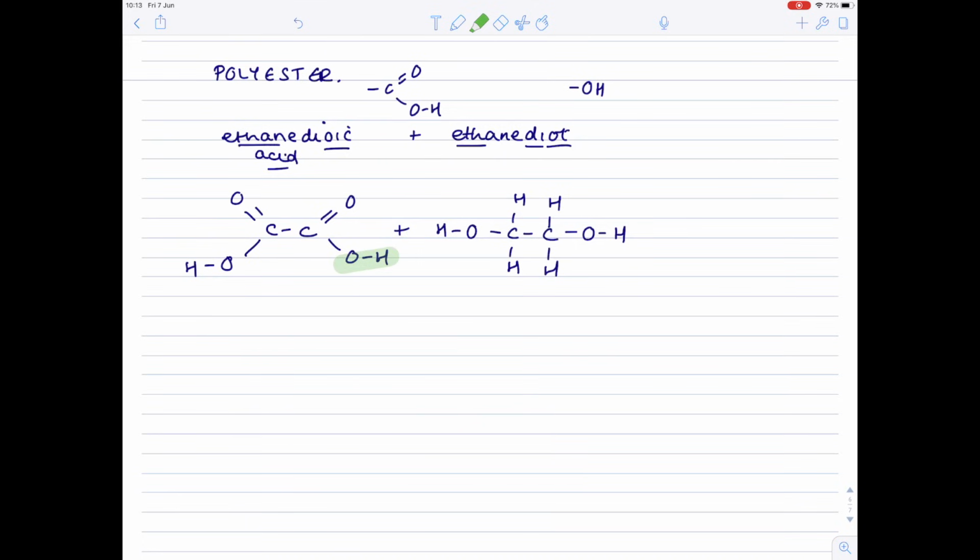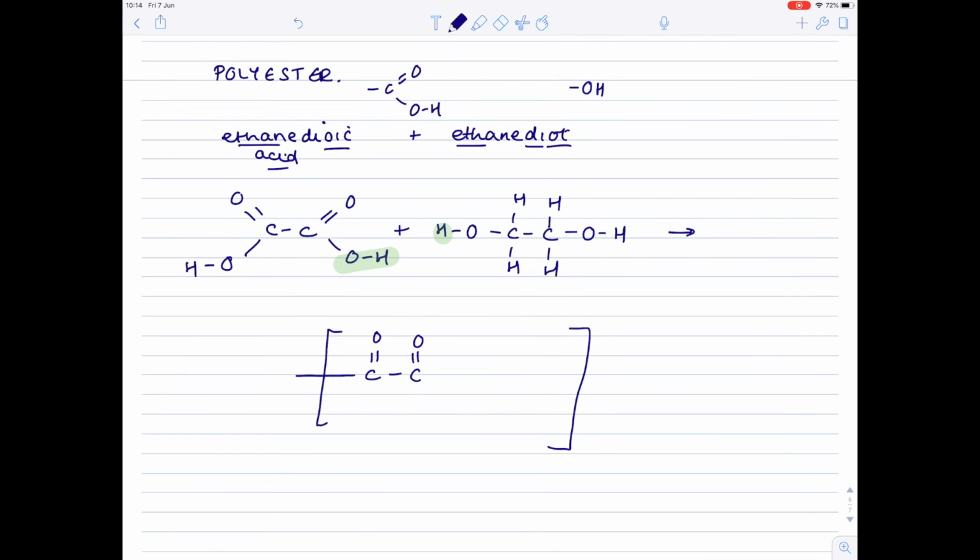So you're going to lose the OH here, the H here, and then you're going to stick together the ends. The hardest thing here is to realise that you're going to have square brackets. And because effectively you're joining loads of these together, you have a long bond here which connects to the first carbon of the ethane dioic acid. Then you connect it to the second one.